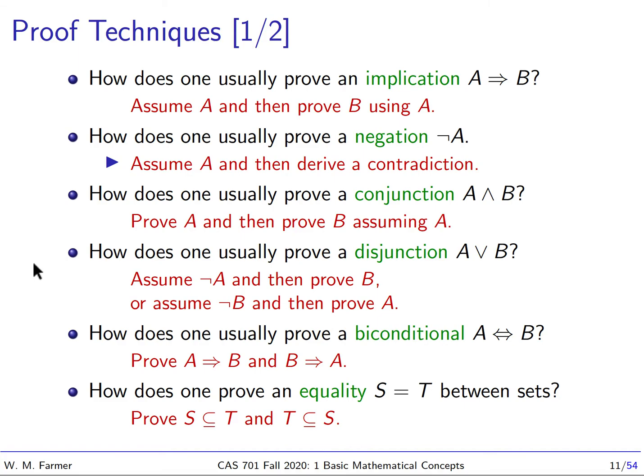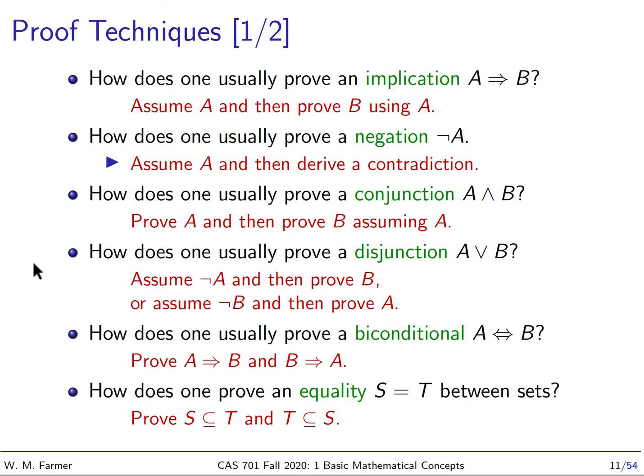The standard way of proving that is I prove A implies B, and then I prove B implies A. If I'm trying to prove an equivalence between two sets, S and T, then I prove S is a subset of T, and T is a subset of S.